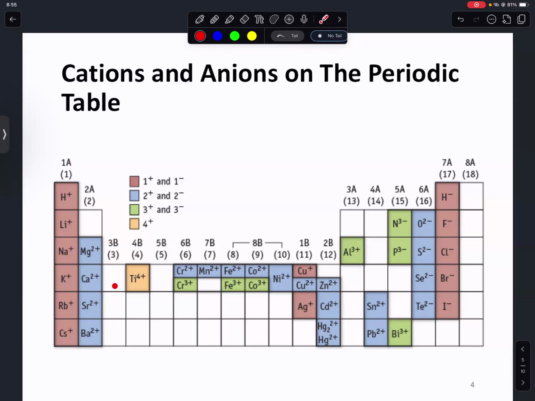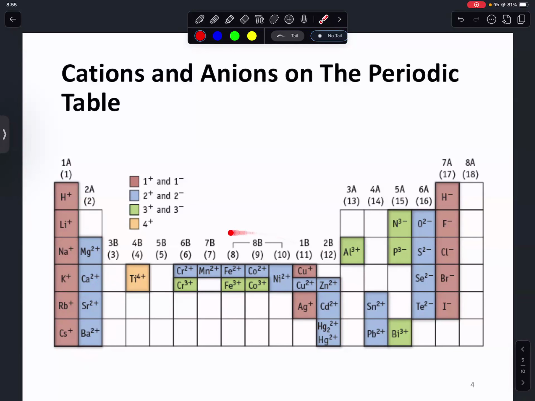Metals of group 2 here, because they're in group 2, think about it, they have the tendency of losing 2 electrons. So something like magnesium ion, calcium, strontium.